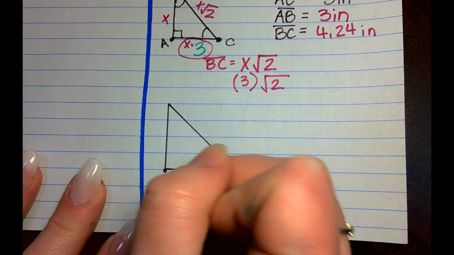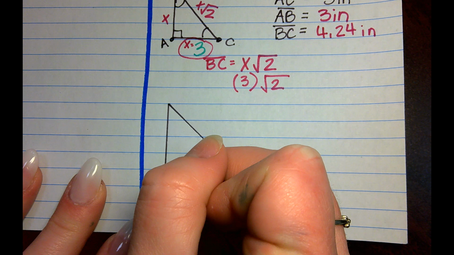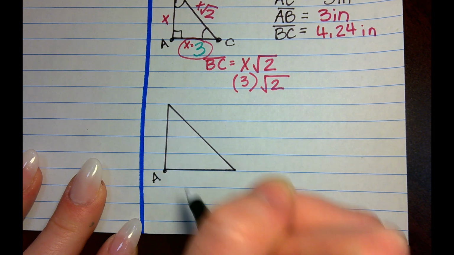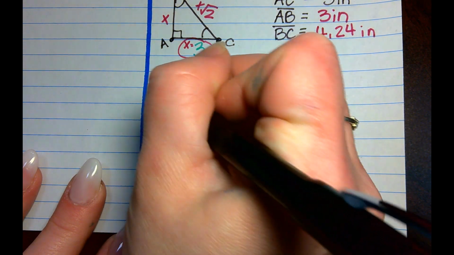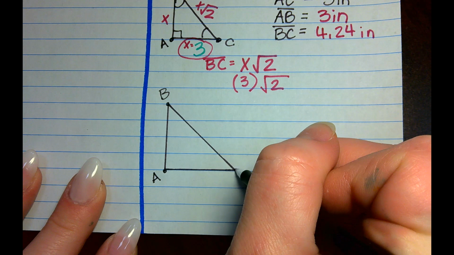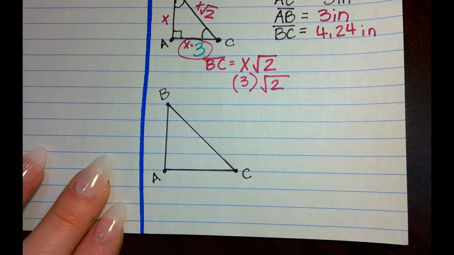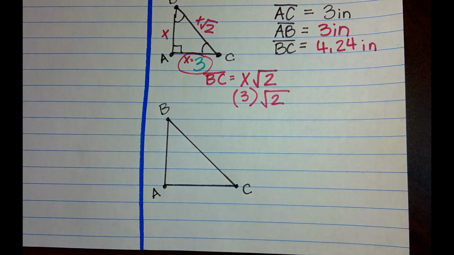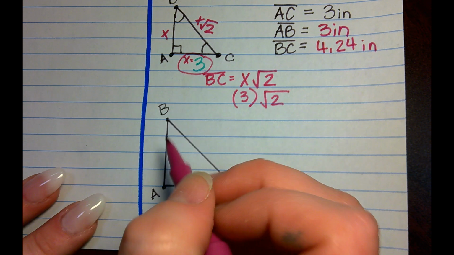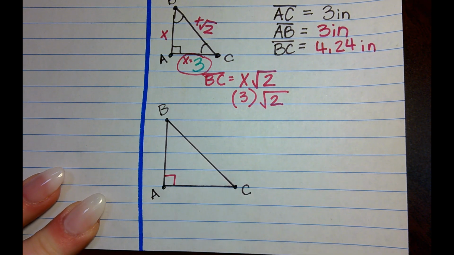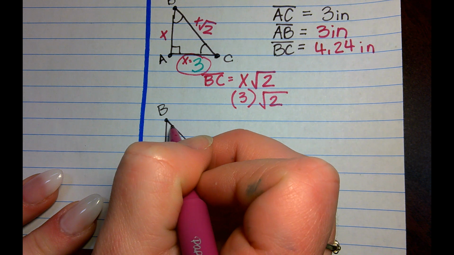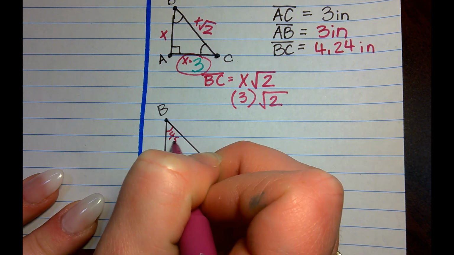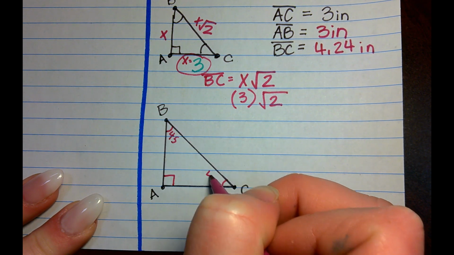A, B, C. Our 90. This is our 45. This is our 45.